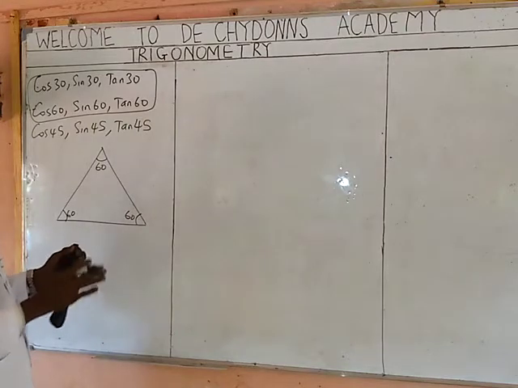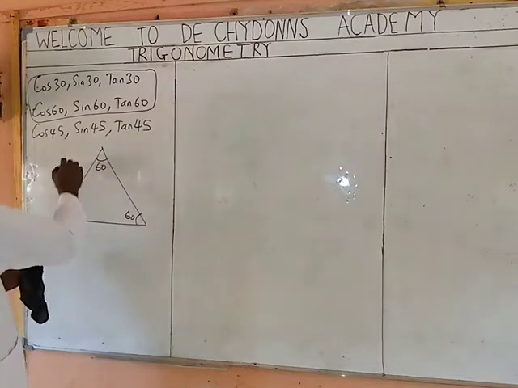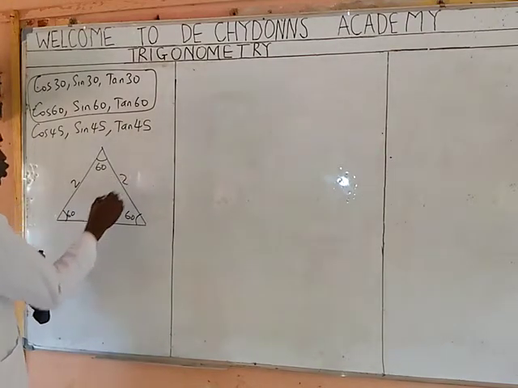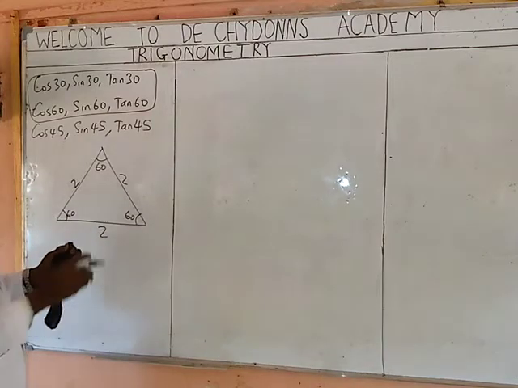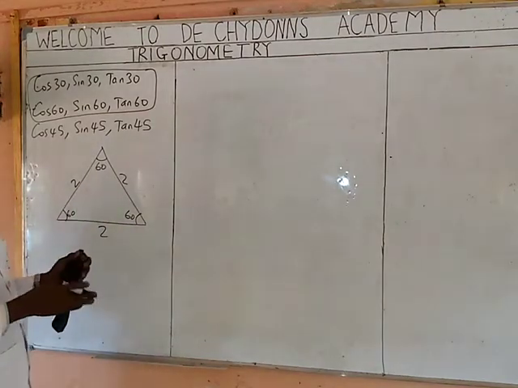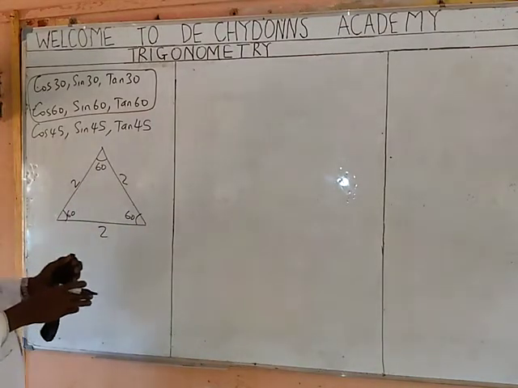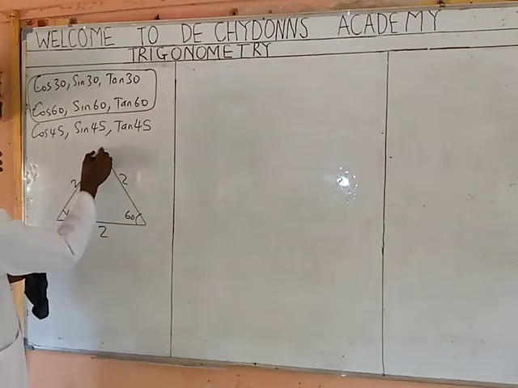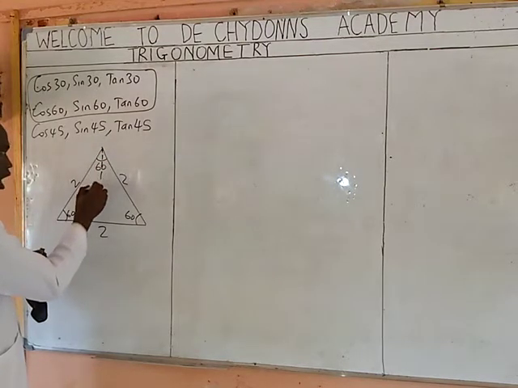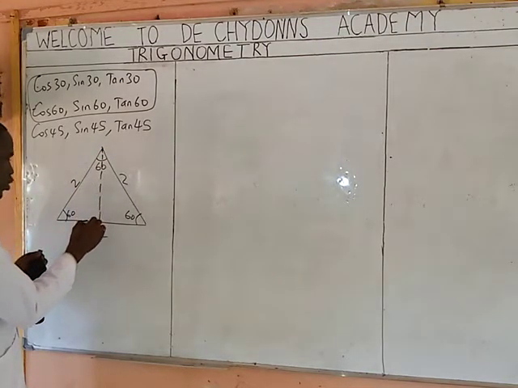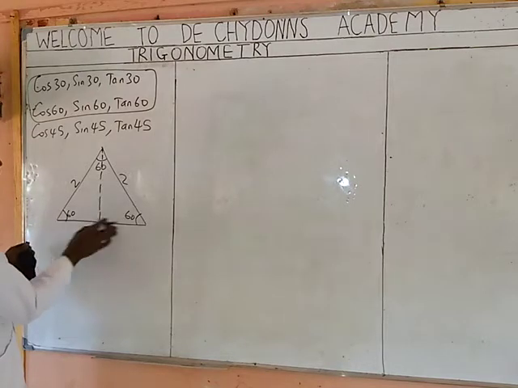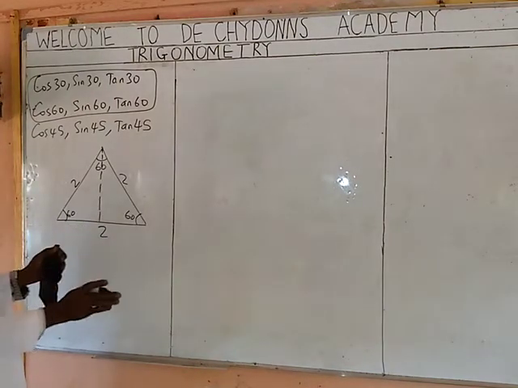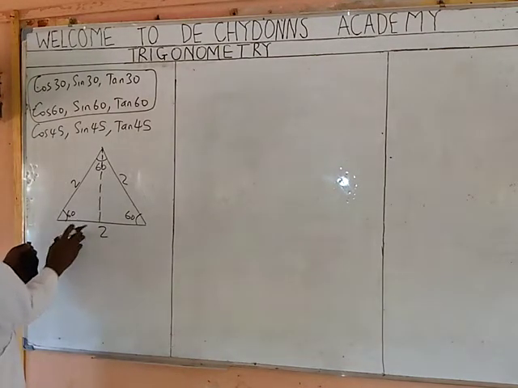Because it is an equilateral triangle, each of the sides is 2 units. When a line moves from the top of the equilateral triangle to the bottom, it will bisect the triangle into 2 equal parts.